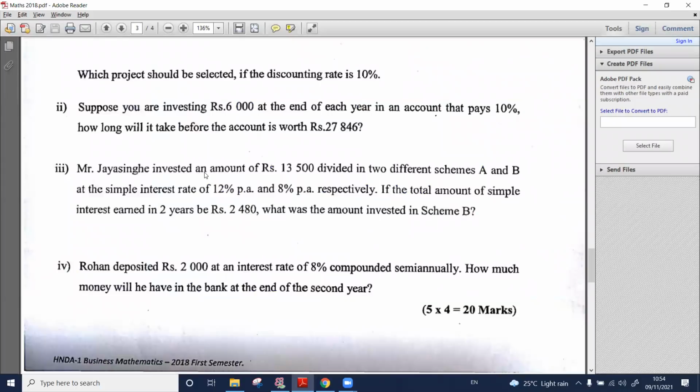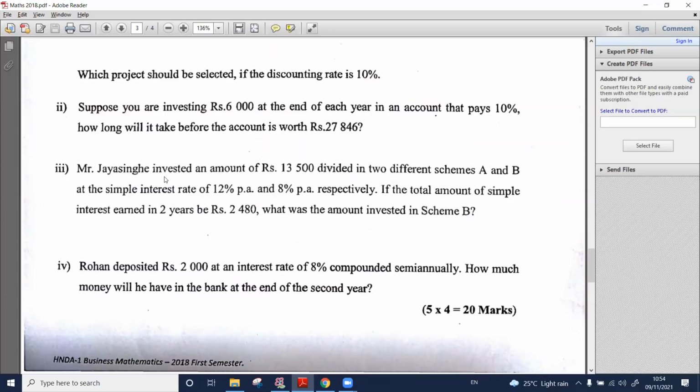Mr. Jayasinghe invested an amount of 13,500 divided into 2 different schemes A and B at simple interest rates of 12% per annum and 8% per annum. If the total amount of simple interest earned in 2 years is 2,480, what was the amount invested in scheme B?